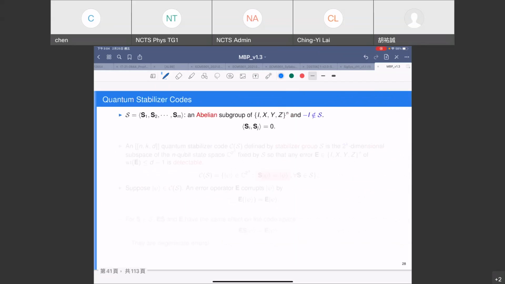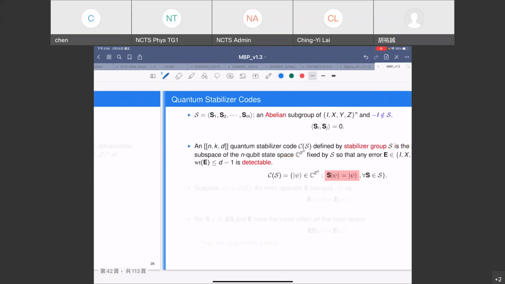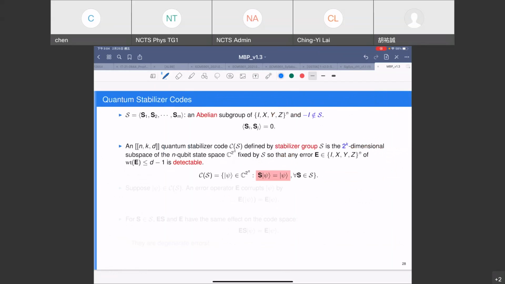So in quantum coding theory, we choose an abelian subgroup of the n-fold Pauli operators. We have these generators S1 through Sm, which commute with each other, and we require that minus identity does not belong to this group. This group is called a stabilizer group.